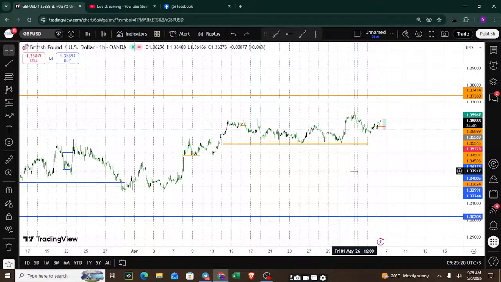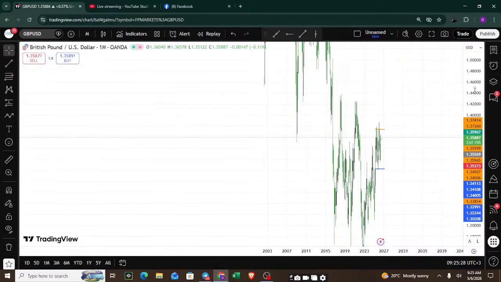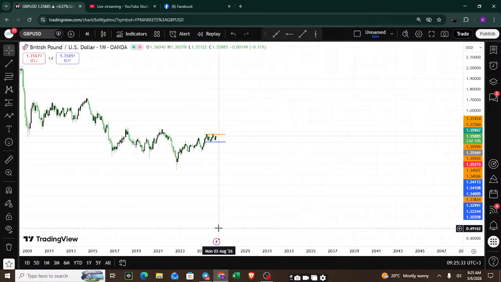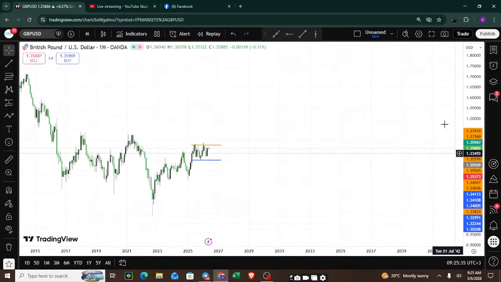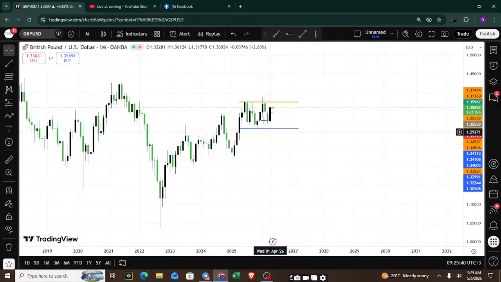Now for GBP USD, my anticipation is that this pair is either going to break above, or going to break below. So either of the two directions is okay.